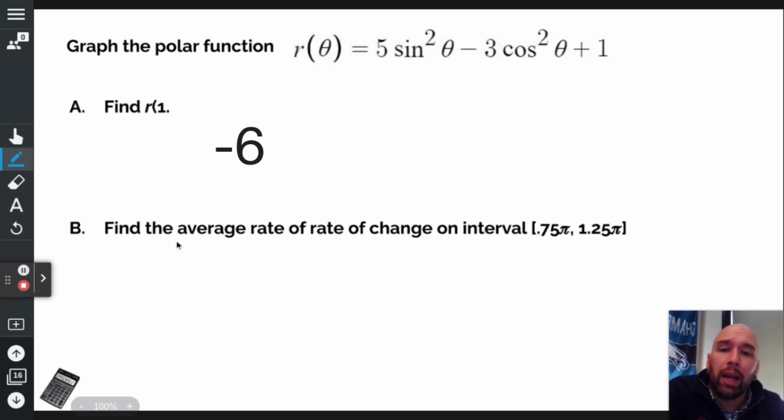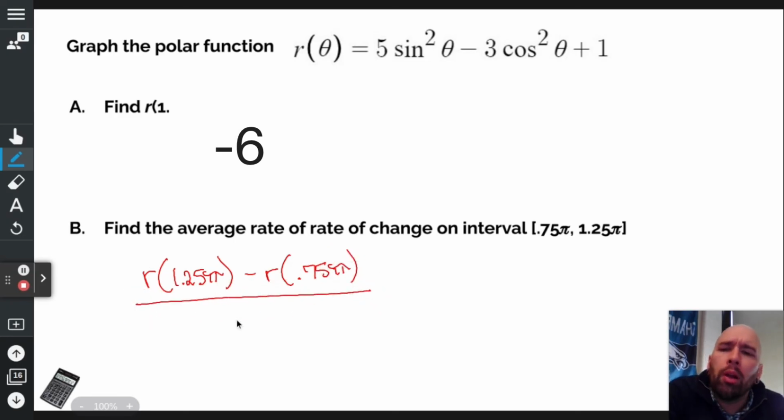Find the average rate of change on the interval 0.75 pi to 1.25 pi. So what we're going to have to do is find the values of r of 1.25 pi minus r of 0.75 pi, right?